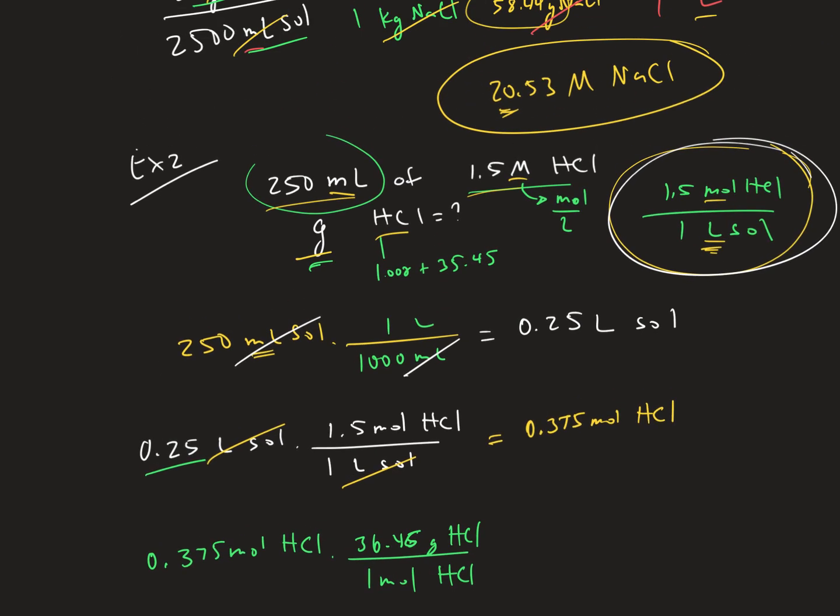But this says we have 250 milliliters of this concentration. If we have 0.25 liters, it's still the same concentration. Yeah, right, but if you increased it to 1 liter with the same concentration, wouldn't that mean there's 6 moles? Because you multiply. Per liter. Per liter, mhm.